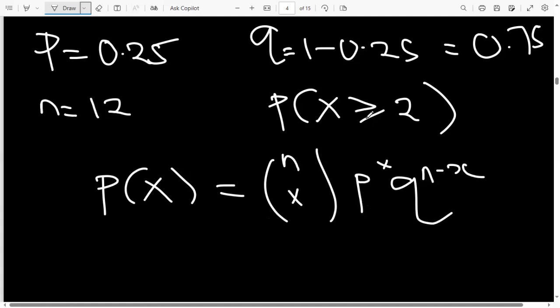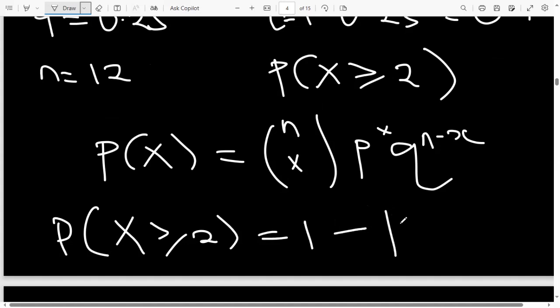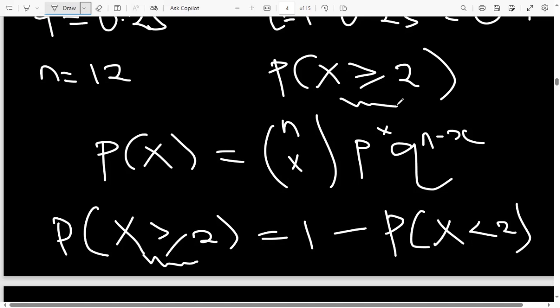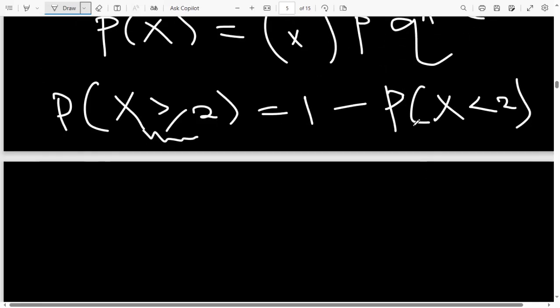So the probability of X being greater than or equal to 2 can also be expressed as this. X greater than or equal to 2 is the same as 1 minus the probability of X being less than 2. Whenever you have a greater than here, always change it to a less than. You use the complement rule, the one I've used here. And then we know that we can easily find this probability.